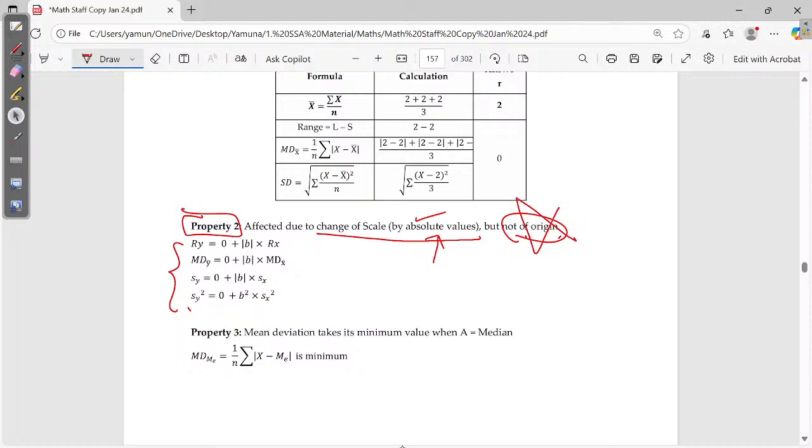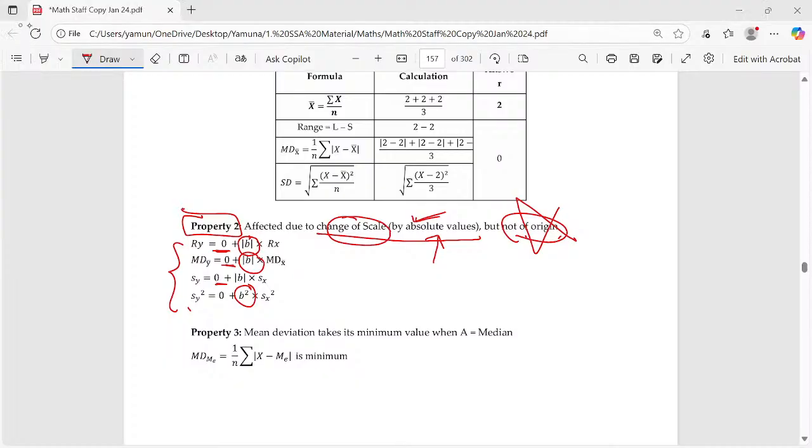If you are shifting the origin, range will not get changed. Zero, zero. It changes because of scale, but by absolute value, multiplied by the modulus of b, which means the negative sign is removed. For variance, you have to square it.